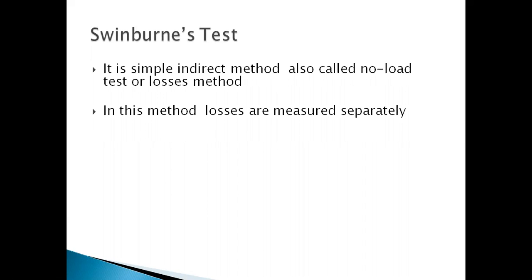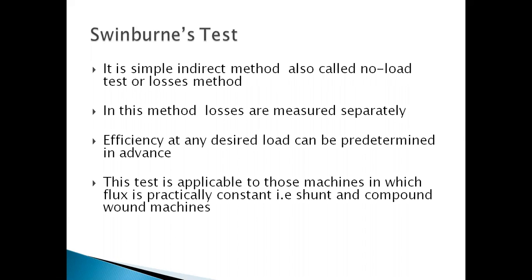The Swinburne test is the most commonly used and simplest method of testing shunt and compound wound DC machines, which have constant flux. In this test, the efficiency of the machine at any load is predetermined. We can run the machine as a motor or as a generator.